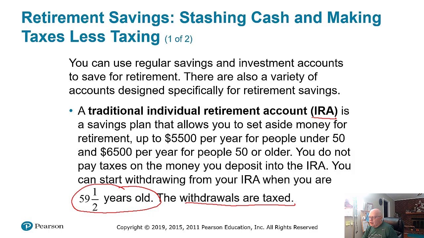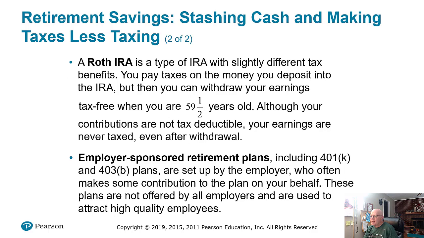Now remember, I said the IRA, the traditional IRA, you don't pay taxes on until you take it out. And contrast that with the Roth IRA. This one's different in that you pay taxes on it first, put the money in, and then when you get it out, it's already been taxed, so it never gets taxed again.